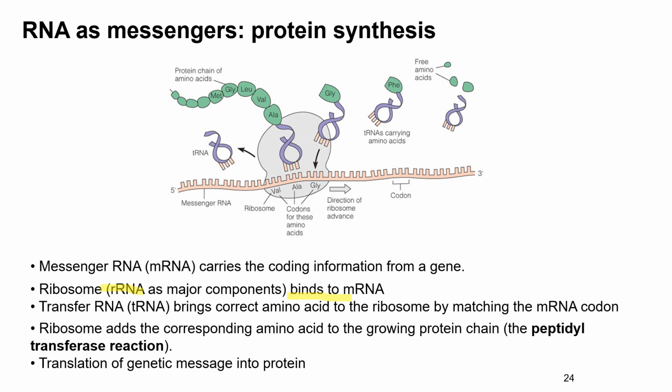The peptidyltransferase reaction is the main reaction catalyzed by the ribosome to add the new amino acid onto the growing peptide chain via peptide bond formation. The ribosome then migrates along the mRNA to read the genetic message and translate it into a protein.